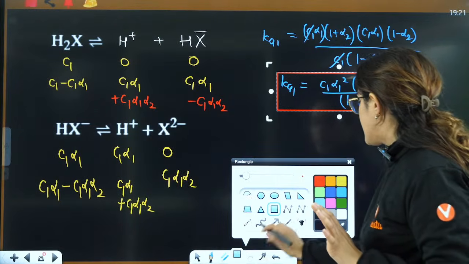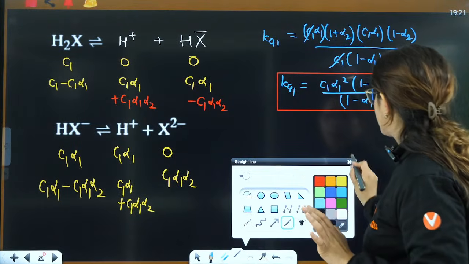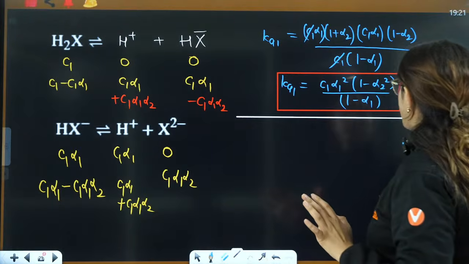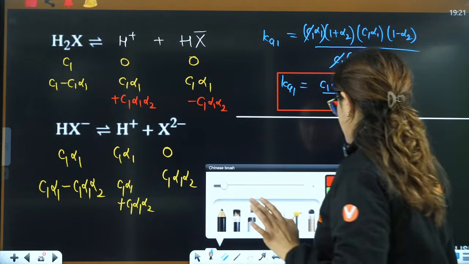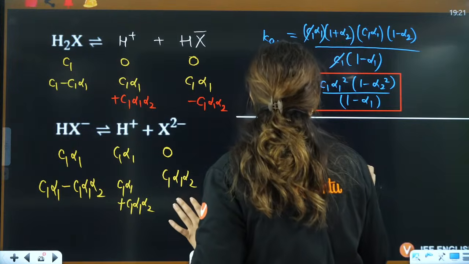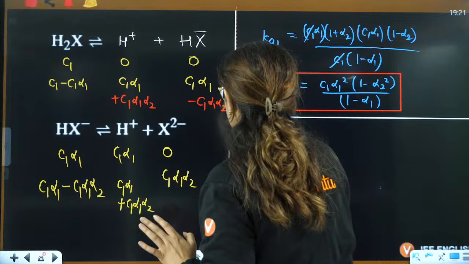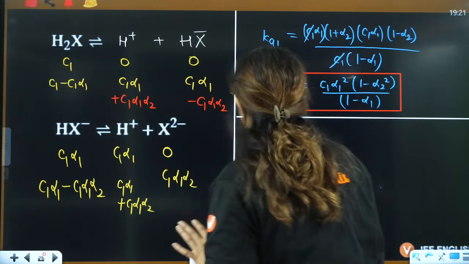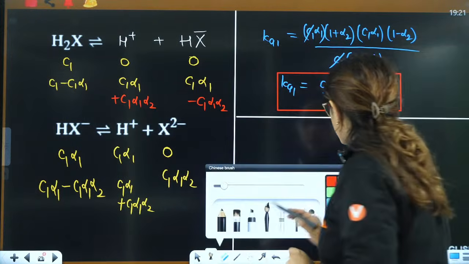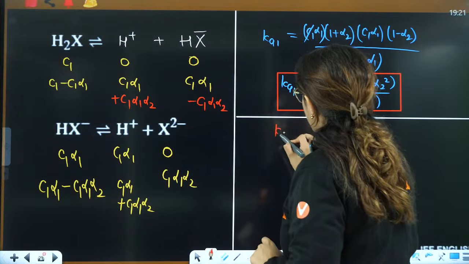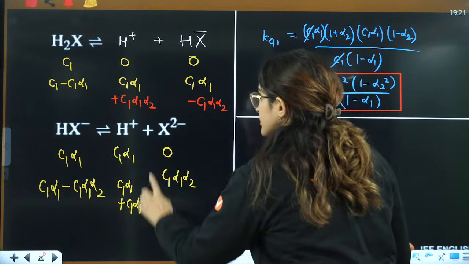Now, similarly you have here this thing. Ma'am, this is Ka2. So how do I answer Ka2? Ka2 on similar lines. Here this is the product.